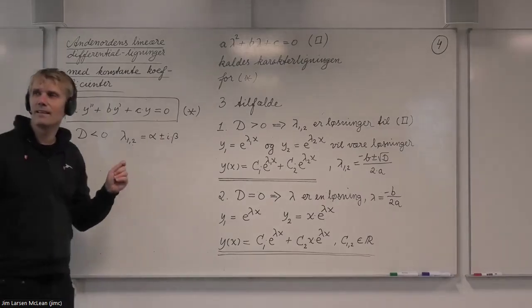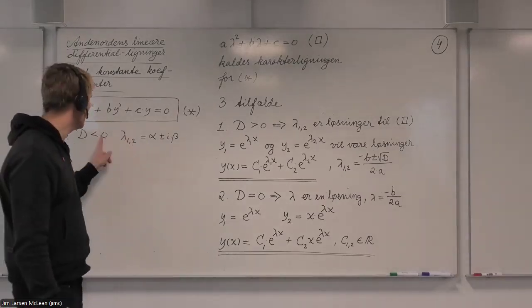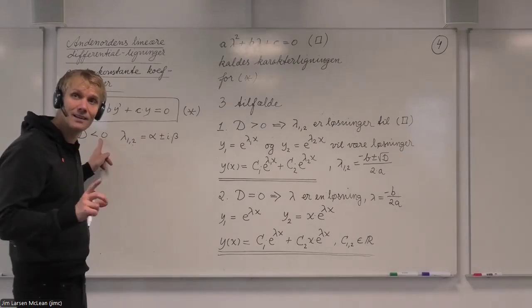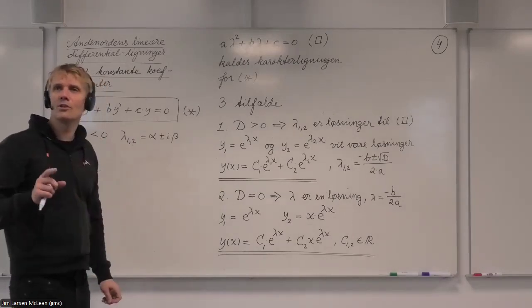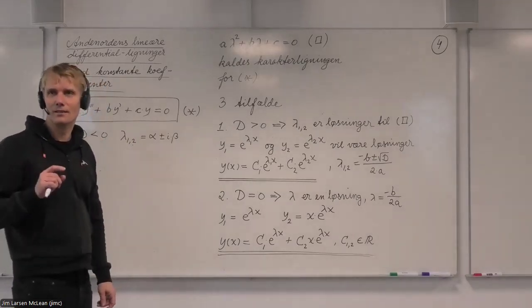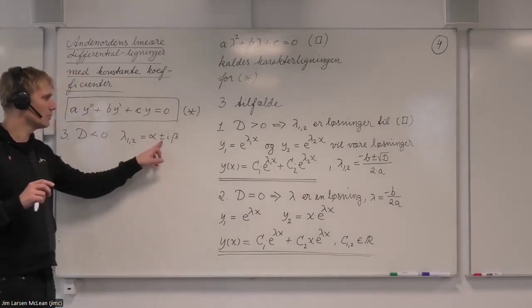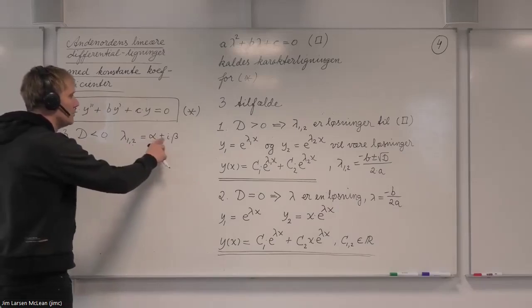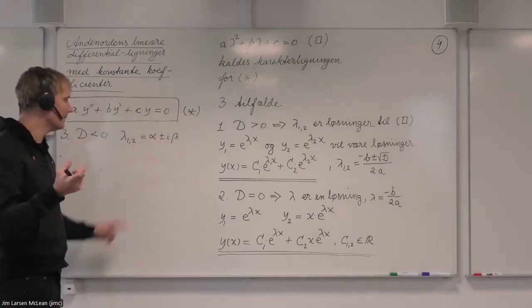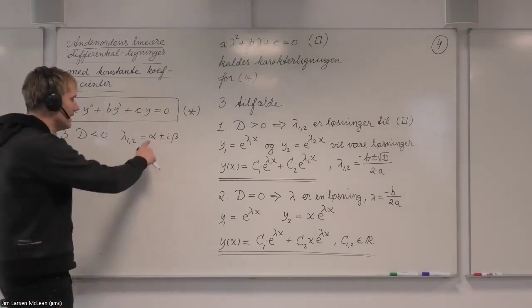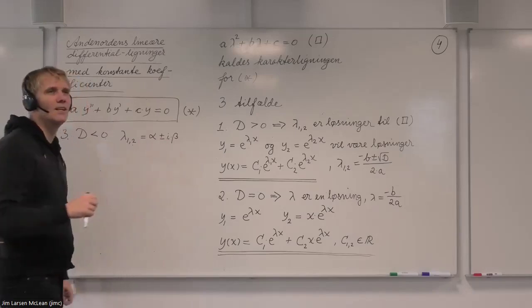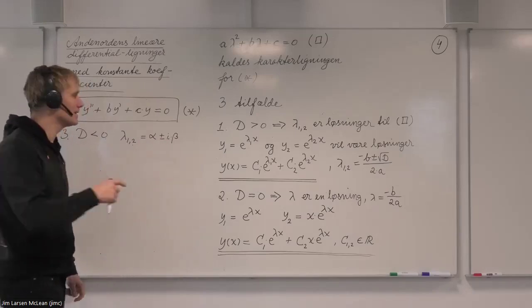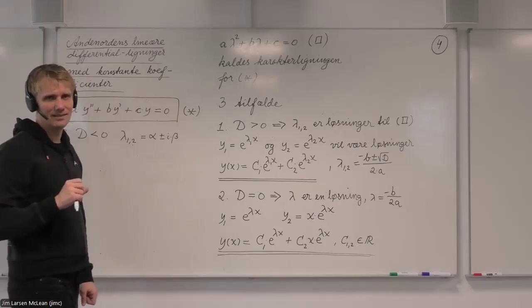When you have a discriminant that is negative but still real, you always get two complex solutions that are conjugates of each other. Can you remember that conjugate means changing the sign of the imaginary part? So alpha plus i beta is one lambda, and the other lambda is alpha minus i beta, the conjugate.